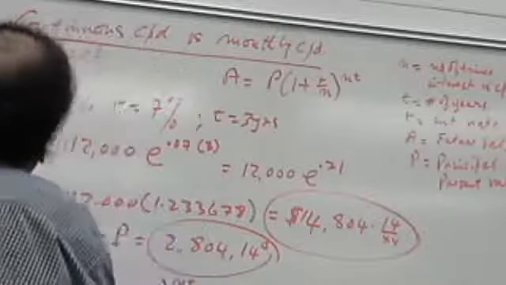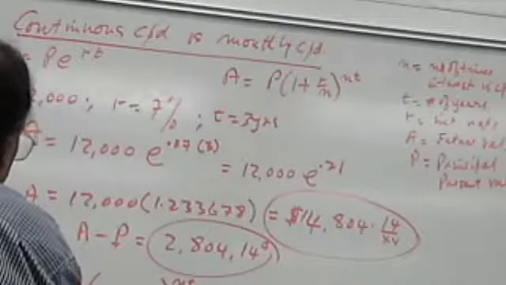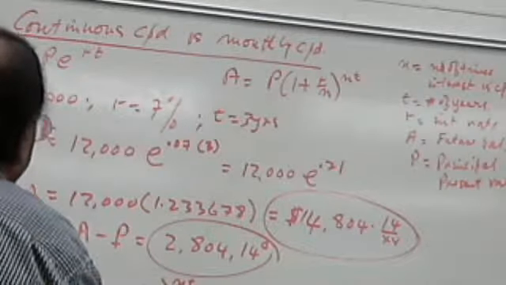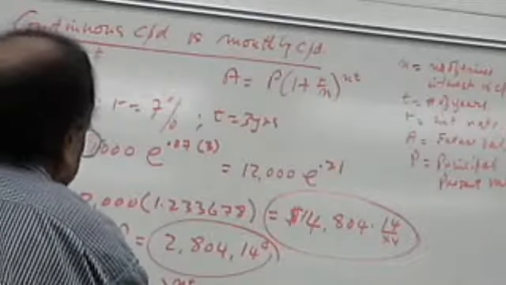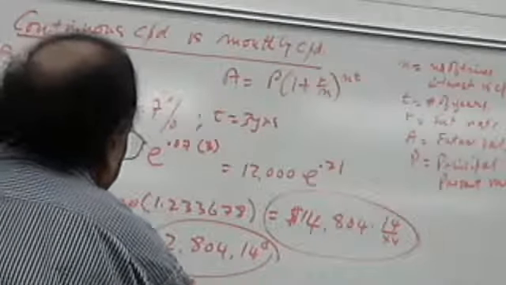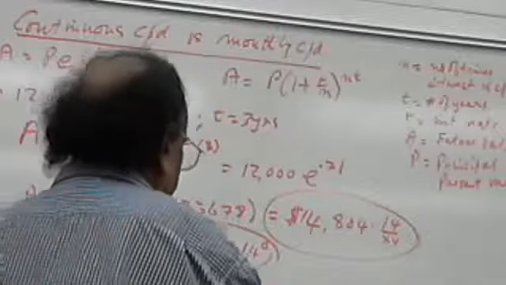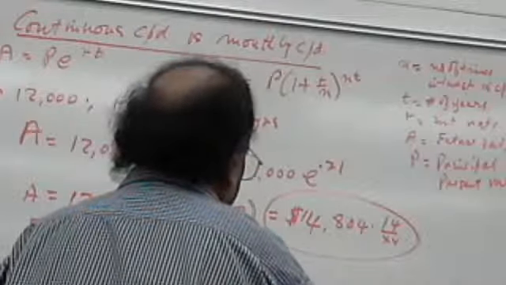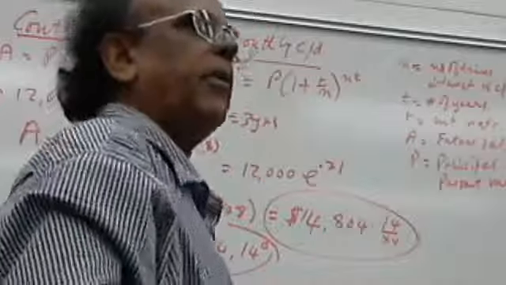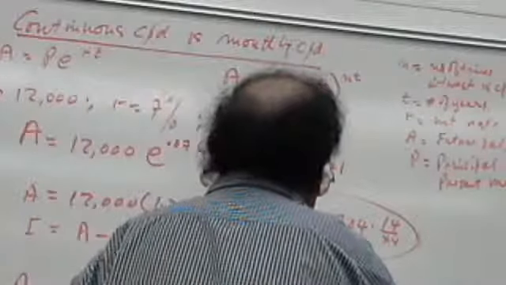And we already know our principal equal to 12,000, which is the same as above. Rate equal to 7%. Time equal to 3 years. But the important variable that we need to know now is n. Since we are compounding 12 times a year, what are we going to use for n? 12. n equal to 12.